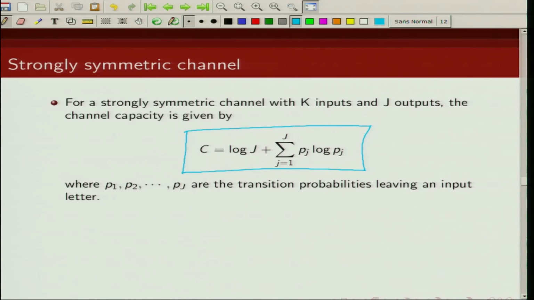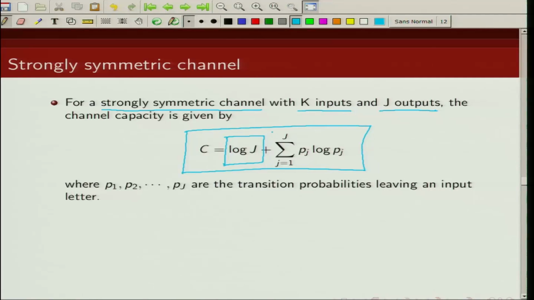If you have a strongly symmetric channel with k inputs and j outputs, then the channel capacity is given by this expression. We know from the uniformly focusing property that the distribution that maximizes h of y is the uniform distribution, and the maximum value of h of y corresponding to this uniform distribution is log of j, where j is the number of possible outputs.